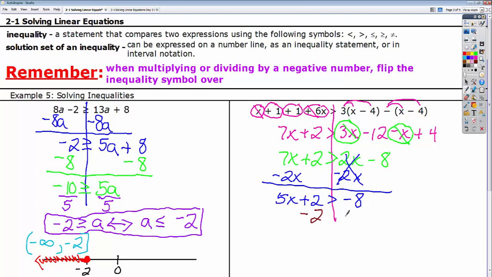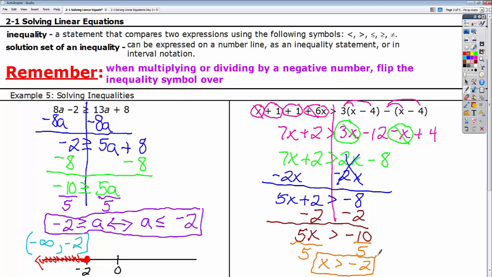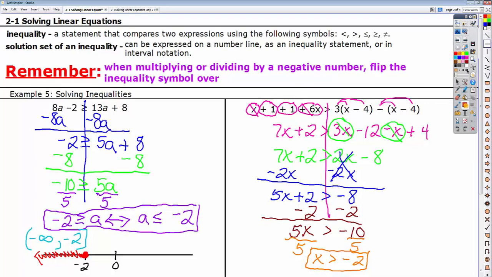Then we're going to subtract 2 from both sides. 5x is greater than negative 10. Okay, starting to look a lot like our last problem. Divide by 5, divide by 5, and we get x is greater than negative 2. So there's our inequality form. Remember, we have 3 forms to do, so we're going to graph it next.